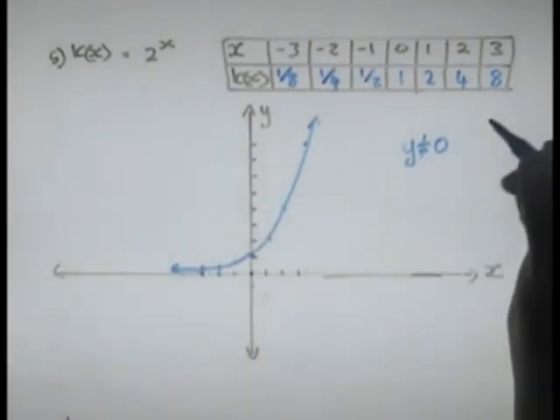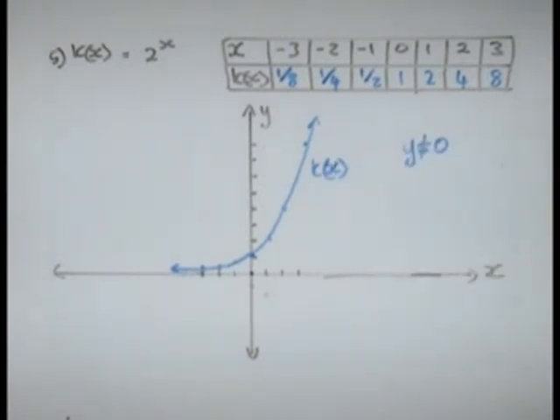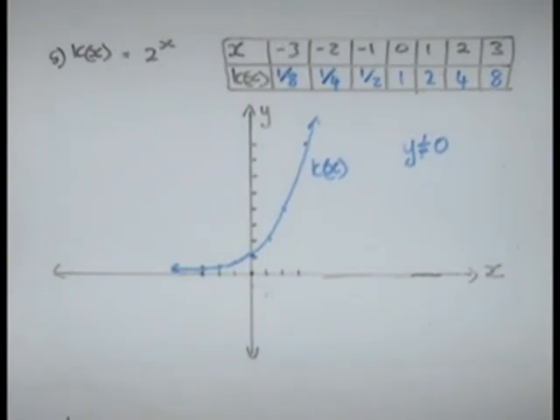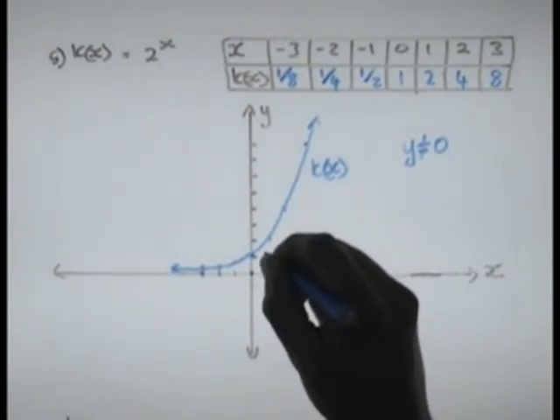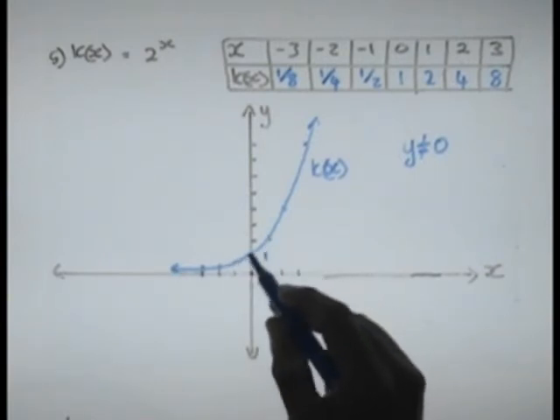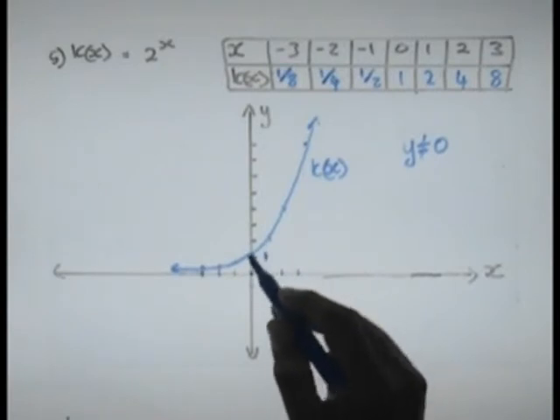This is called an exponential function, with an asymptote y is equal to 0. Also keep in mind that at x is equal to 0, it will always cross the y-axis at y is equal to positive 1.